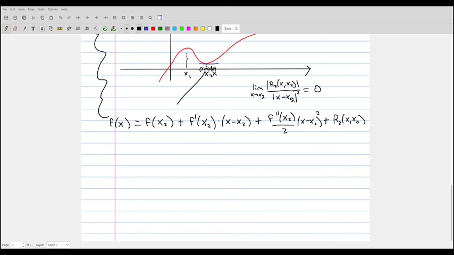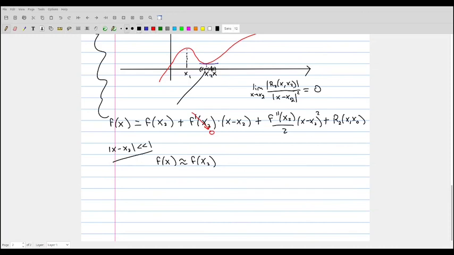Right, so if the distance between x and x2 is much less than 1, it's very, very small, we have that f of x is approximately equal to the value of f at x2. And if you remember, x2 is a critical point of type 1 where f prime equals 0, the first derivative of f equals 0. So this entire term is going to be equal to 0 as well.